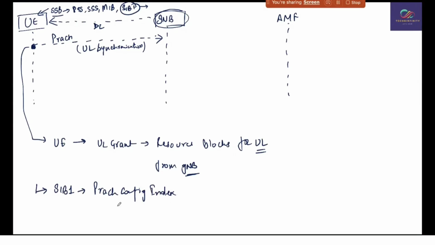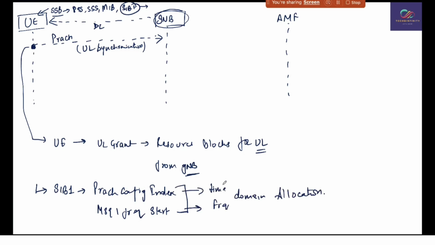Now, there is something called message 1 frequency start also. So this is the message 1 frequency start parameter. So what is this? Both these parameters will give you the time and frequency domain allocation.